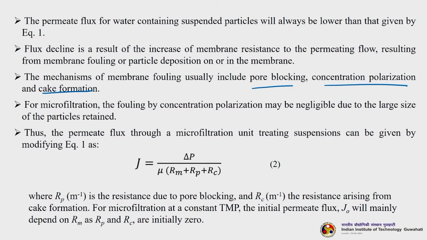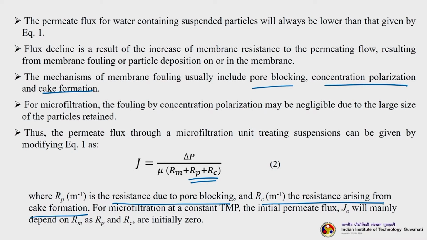Thus, permeate flux through the microfiltration unit treating suspensions can be given by modifying the earlier equation. Instead of Rm, we are adding 2 more resistances, since resistances are always added in series. Rm is the clean membrane resistance, plus Rp plus Rc. Rp is the resistance due to pore blocking and Rc is the resistance arising from the cake formation.